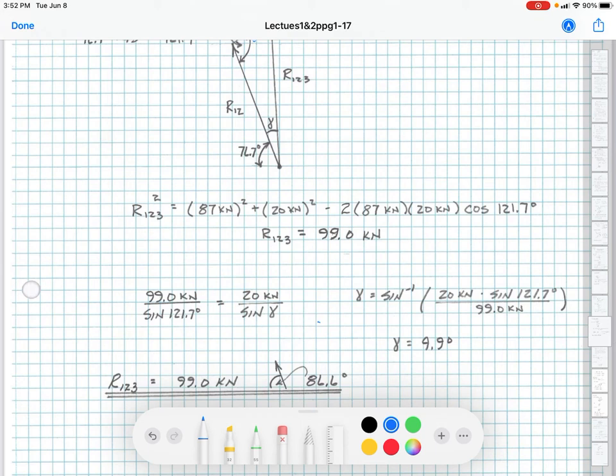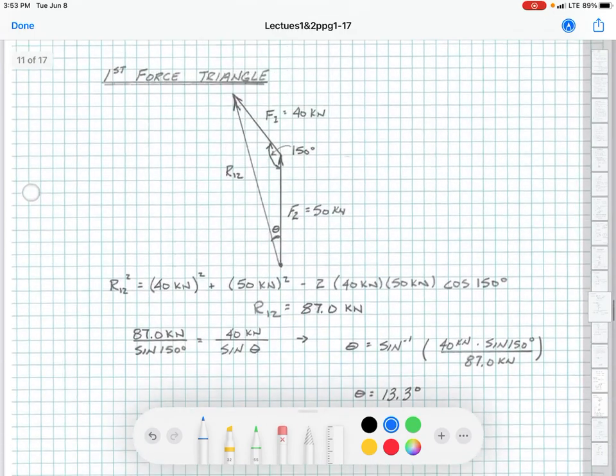And we know that 76.7 plus 9.9 gives us our angle from the horizontal. It tells us that our R123 is 99 kilonewtons at an 86.6 degree angle.